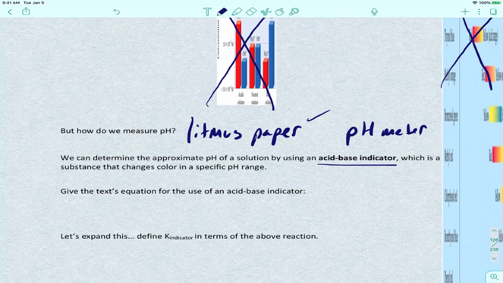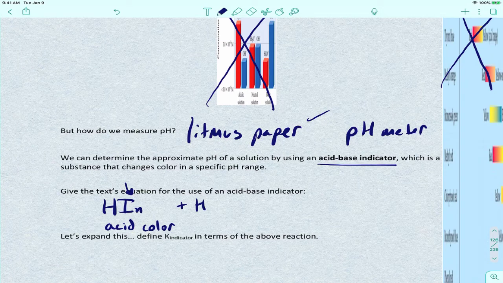Okay, so the way this would work is, let's say you have an indicator, you have an acidic form of the indicator, which I'm going to shorthand as HIn, where we protonate it so it's the acid form. Okay, so it's going to have a certain color as an acid.